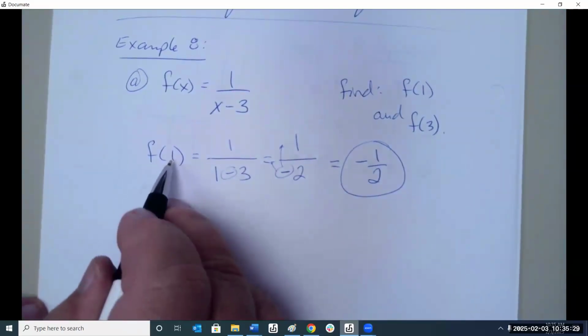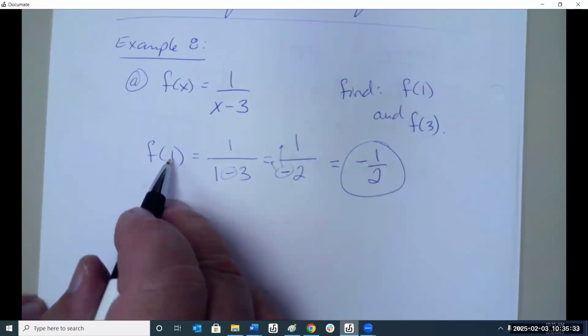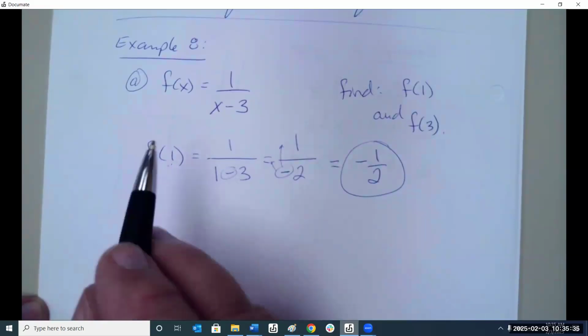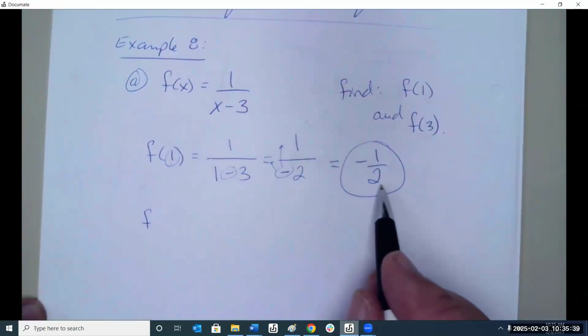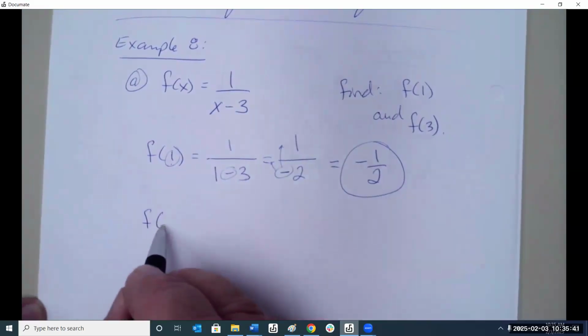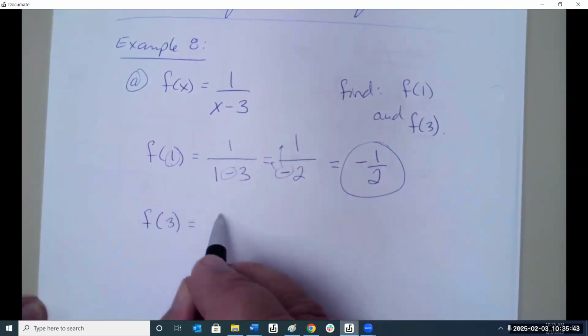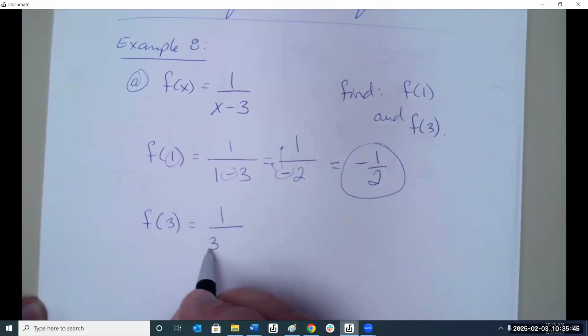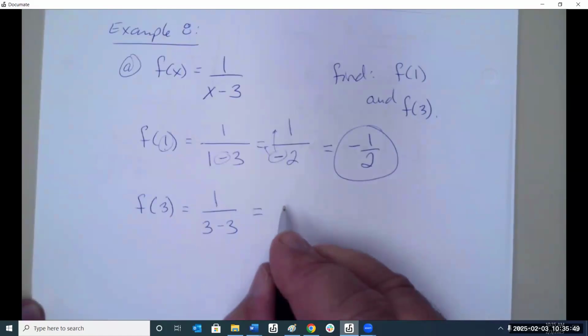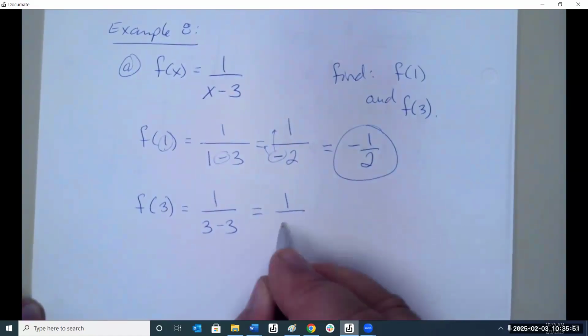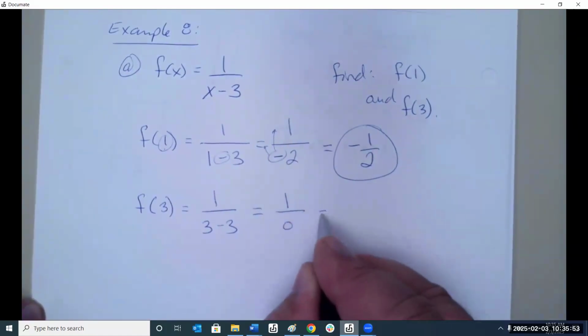So is 1 in the domain? Is 1 in the domain of x? Yeah, because it's not an invalid answer. How about 3? 1 divided by 3 minus 3. 3 minus 3 is 0, so what is 1 over 0?